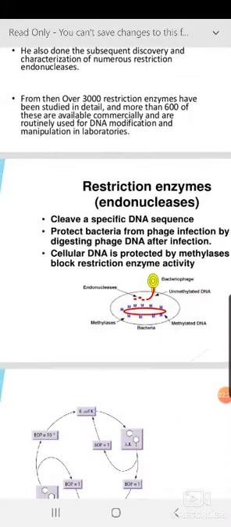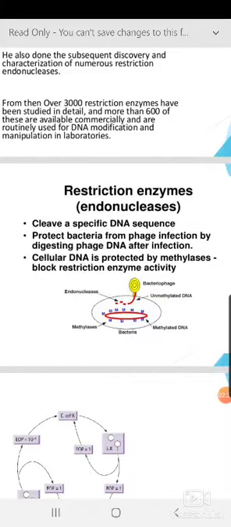Now, restriction endonucleases cleave a specific DNA sequence. They were first isolated from bacteria, so they are extensively studied in bacterial systems. They protect bacteria from phage infection by digesting phage DNA after infection. But at the same time, E. coli's own DNA is protected by some other mechanism.